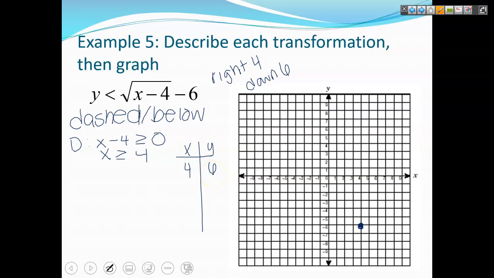So again, it's all of your x values being subtracted by or added by 4.